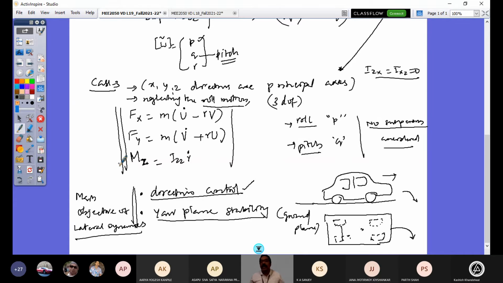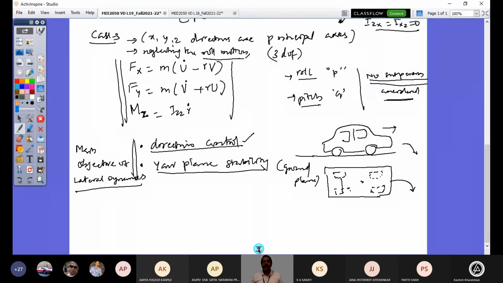I don't require even to consider the suspension, right? Assuming that suspension does the role of its road holding capability and so on. I am not worried about that stability, that motion of roll, that motion of pitch. I am worried only that my vehicle can change its orientation according to the given steering input, and that I could control the vehicle the way I wanted.